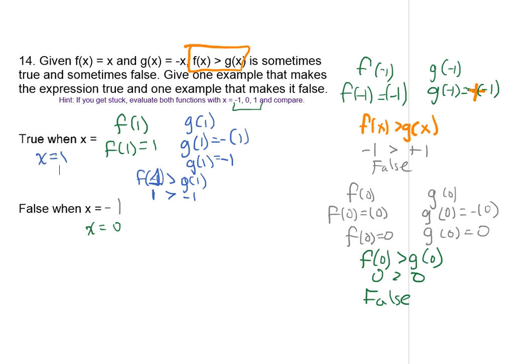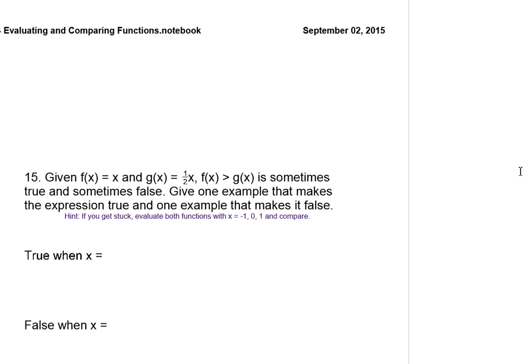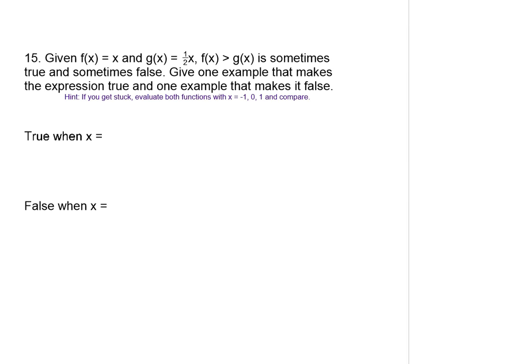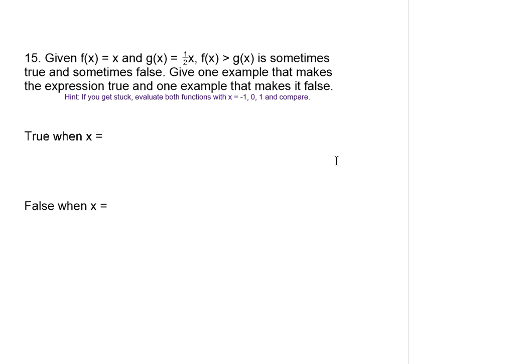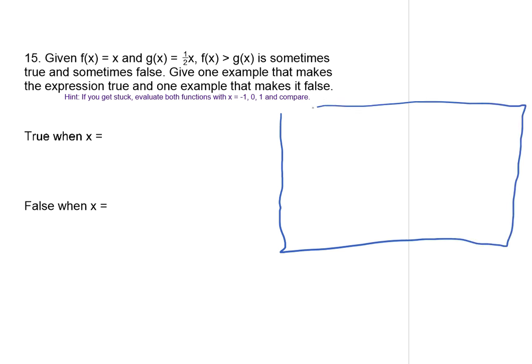Okay, let's take a look at number 9. So we're going to do f of x again and g of x. So let's make a little table here. Okay, and let's test out some values.